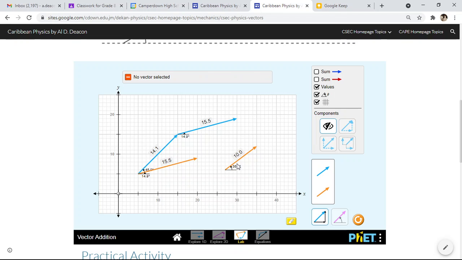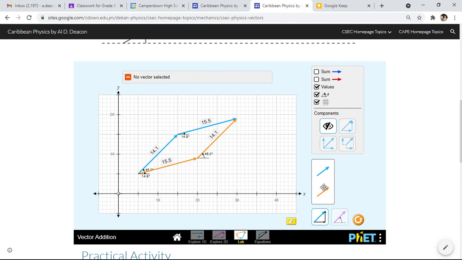I just need to put the tail of the second vector at the head right there, and I get 14.1, which is the same length and 45 degrees. This blue one is 45. So the 14.1 vectors are parallel, and the 15.5 vectors are parallel because they are all at the same angle.